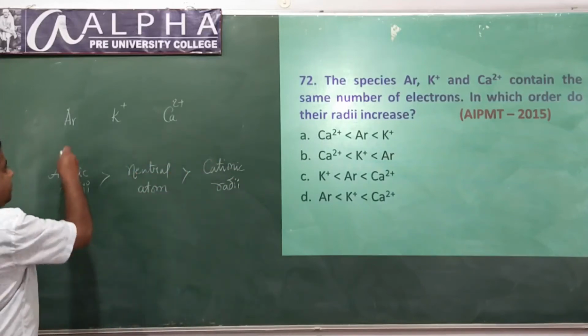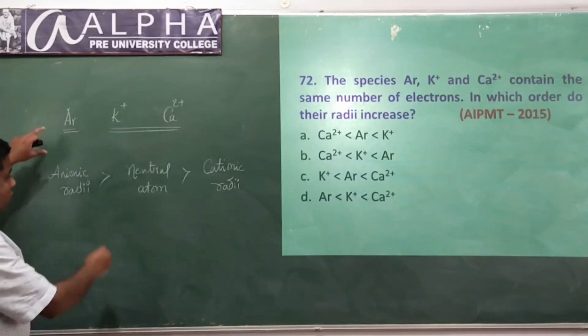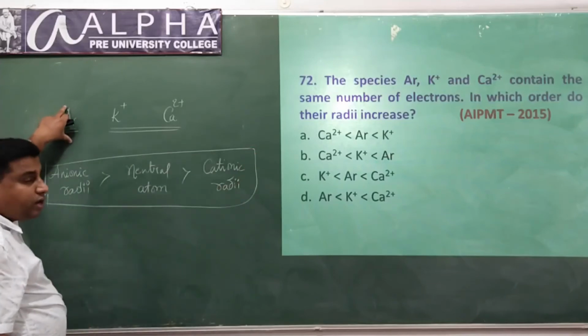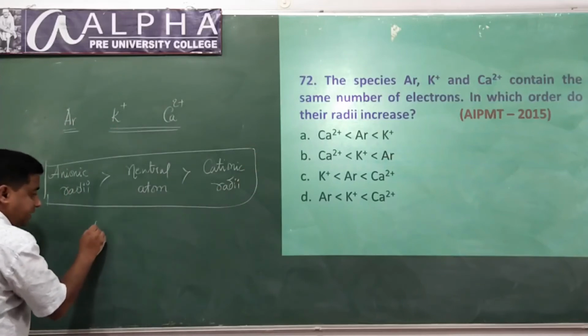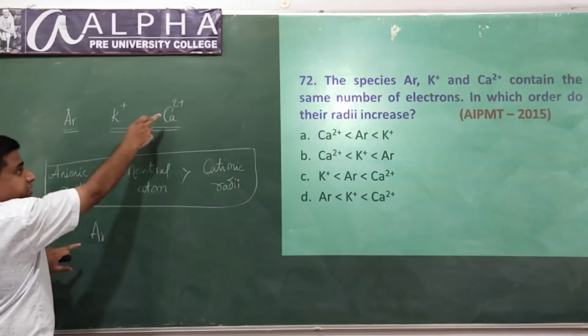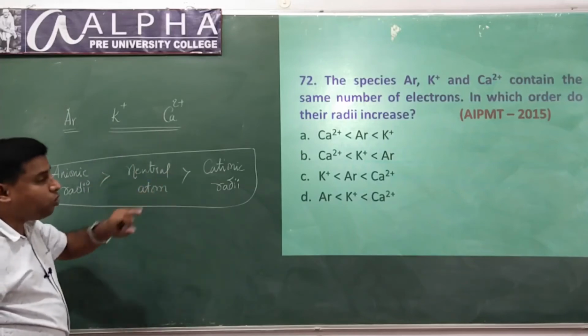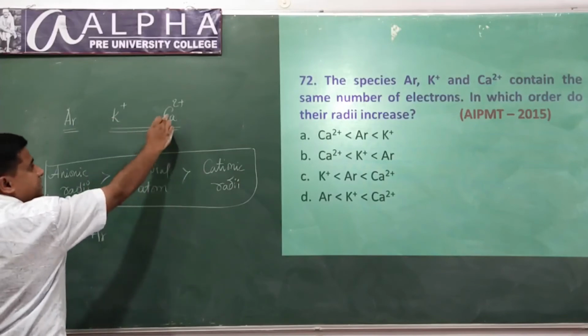So we have a neutral atom and we have cations. According to this rule, the size of the neutral atom should be more than the size of the cations. So argon is bigger than K plus and Ca2 plus, because neutral atoms are bigger than cations.